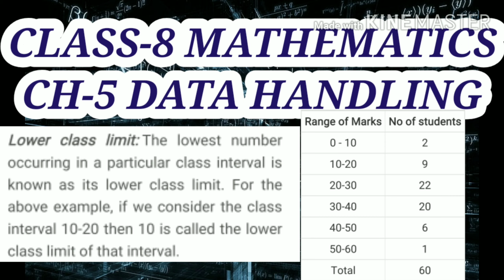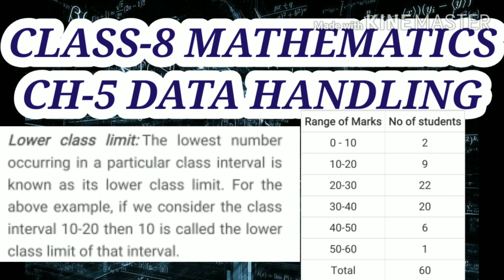In the similar way, if we consider the class interval 0 to 10, then 0 is the lower class limit. Similarly, we can find more lower class limits for the particular class intervals.